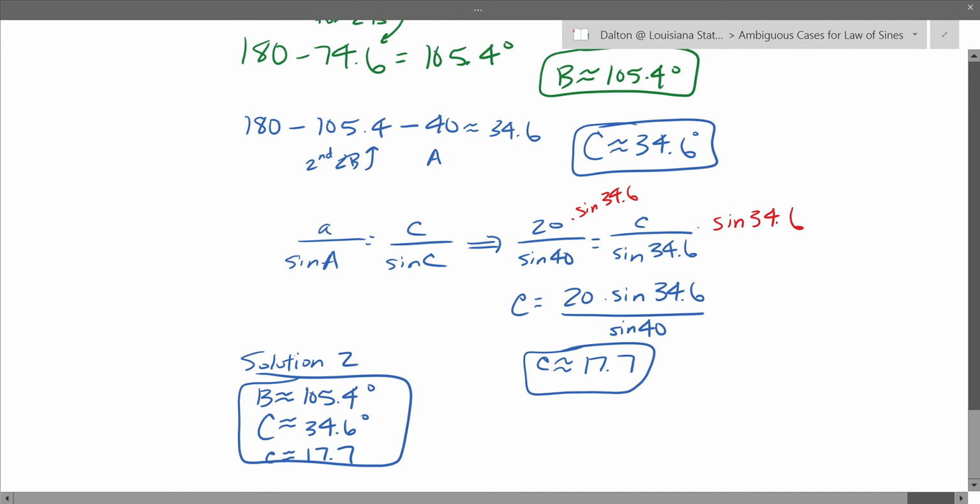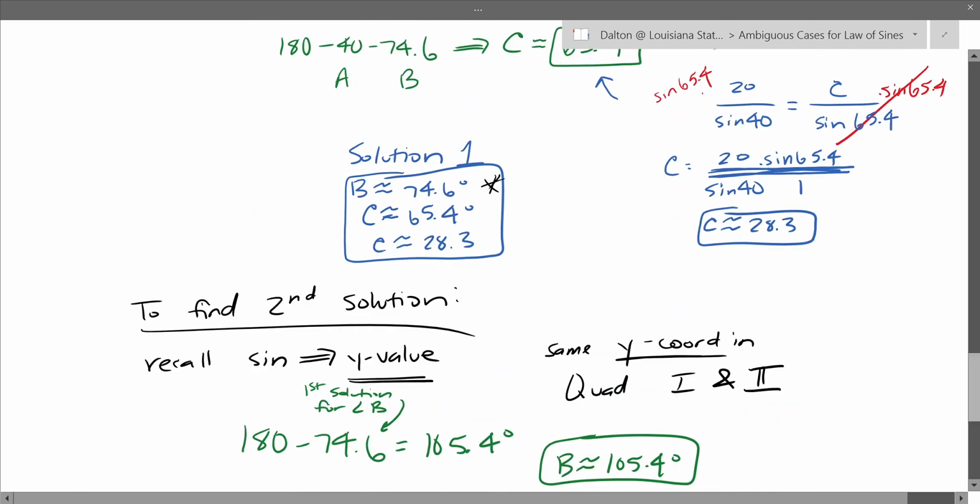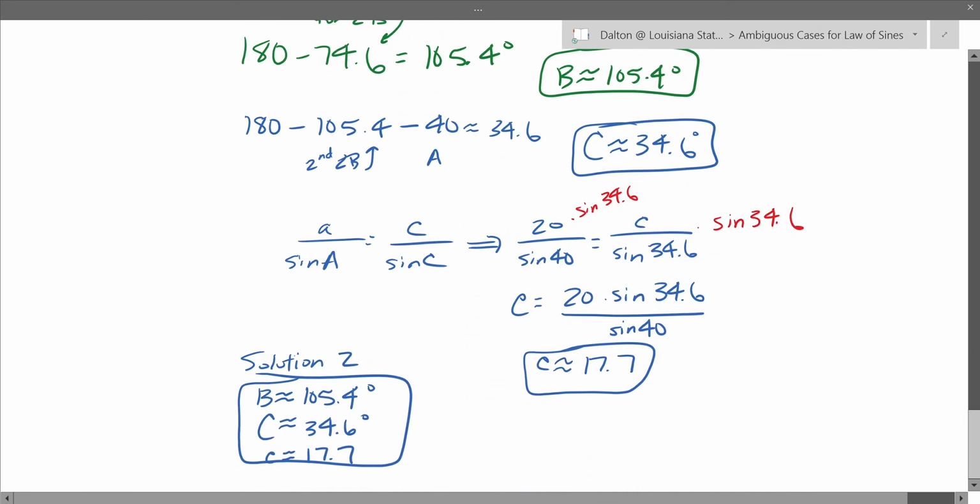Okay, so I know it seems like a very laborious problem, but those ambiguous cases will only come up a certain part of the time, and when you have two solutions, you need to take the time to go find both of them.